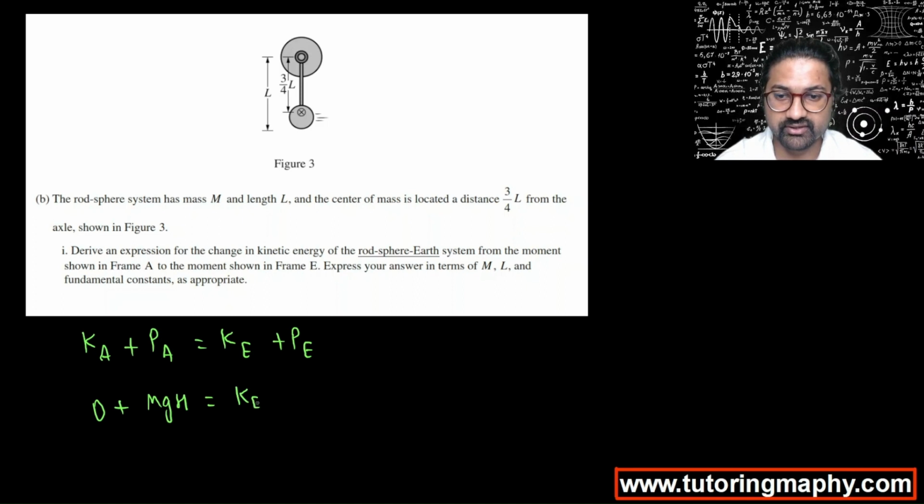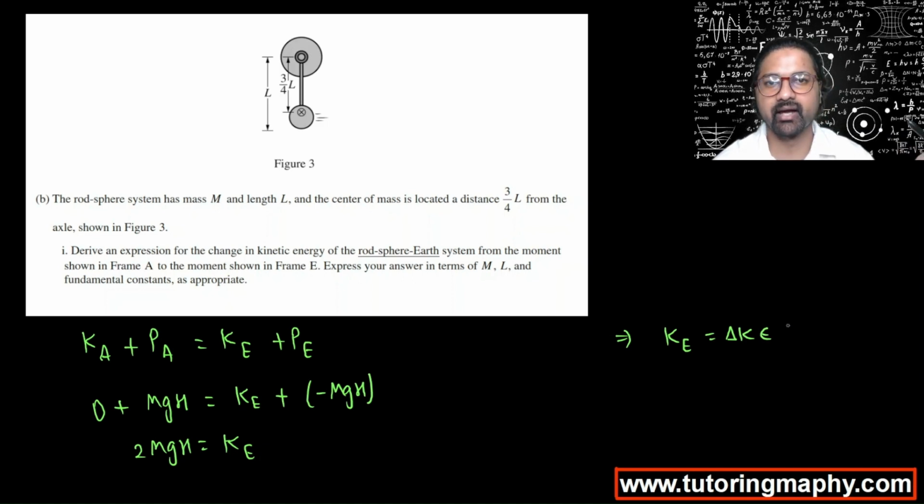Kinetic energy at E is something which we need to find, and the potential energy at E is minus mgh. So adding mgh on both sides, 2mgh is equal to the kinetic energy at E. This means that the kinetic energy at E is as good as the change in kinetic energy, because the change is KE minus KA and KA is 0.